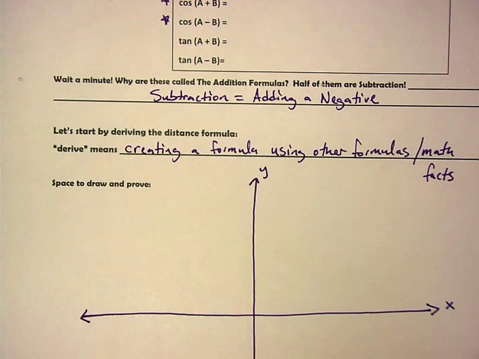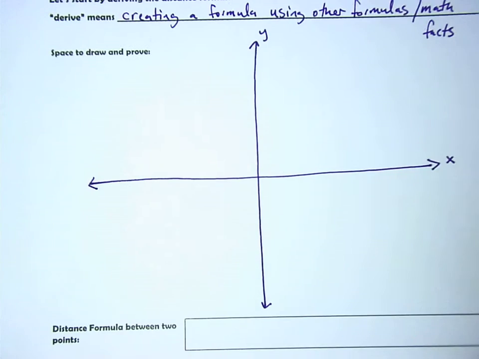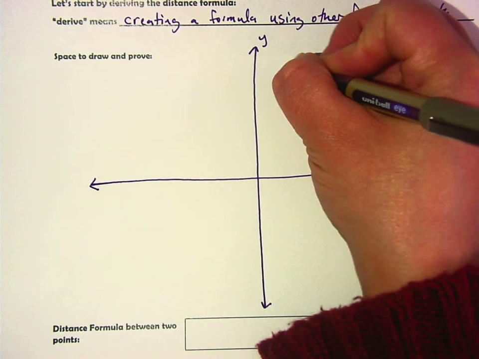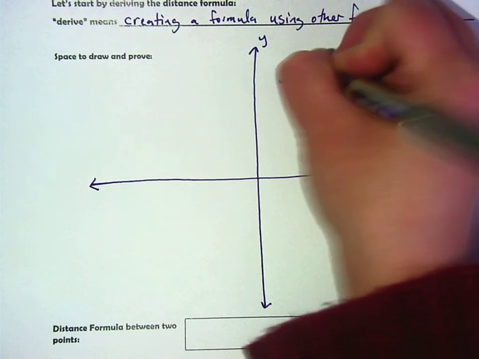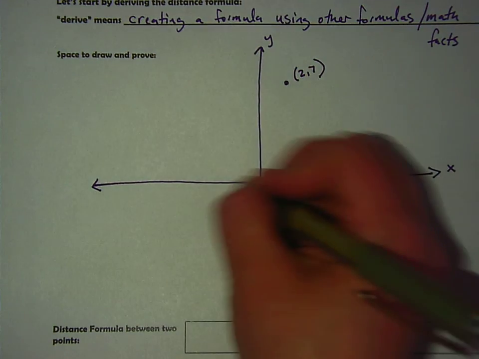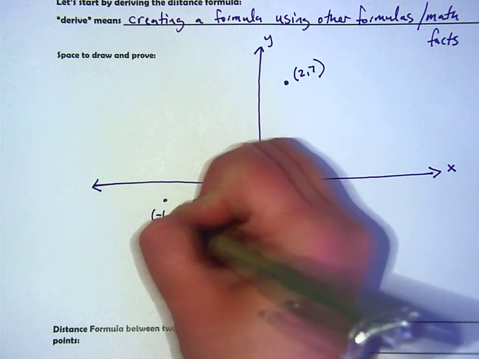All right. So let's say that we're trying to find the distance between, we're going to pick 2, 7. Doesn't have to be perfect, just right. This is 2, 7. And we'll go with this one, which is -6, -1.